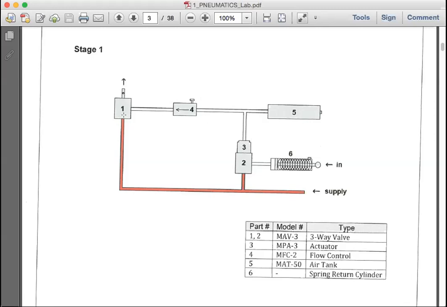So even though number 1 and 2 are both MAV3 valves, they don't share the component number. They have a unique number. So right now you can clearly start the analysis: you activate number 1, and you know that number 1 is a MAV3 three-way valve.